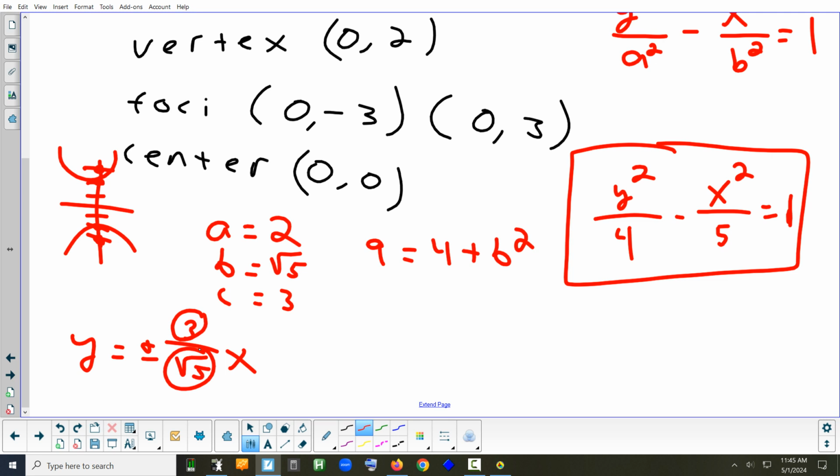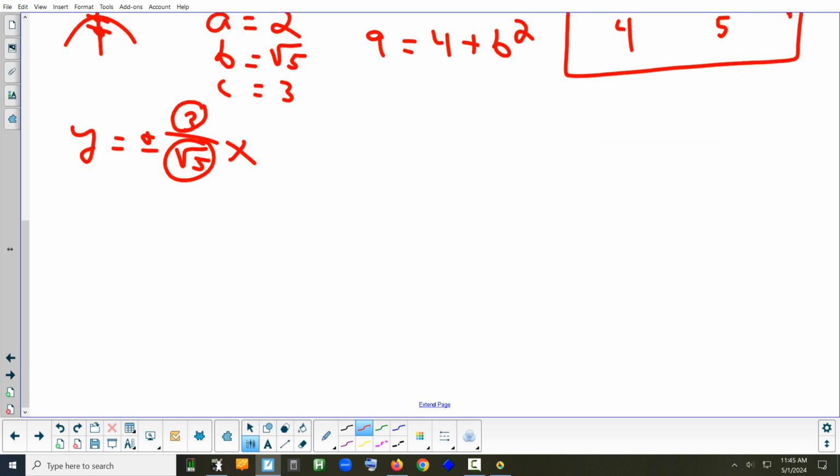If you rewrite it as 3 root 5 over 5, now your run is a nice number, 5, but now you're going up 2.2 times 3, 6.6. So getting the square root out of the bottom doesn't make anything easier. I wouldn't worry about it for graphing.